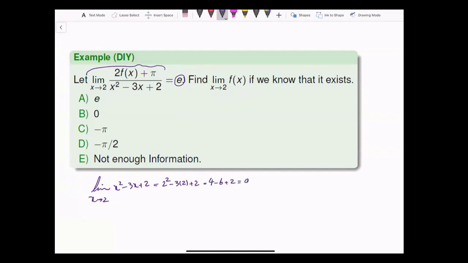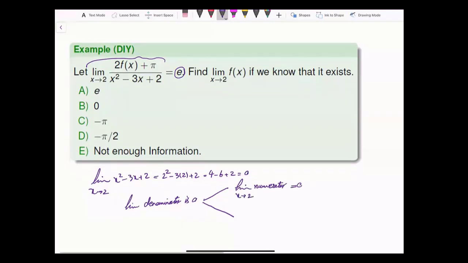So the limit of the denominator is 0. From that, we know that there are two possibilities: either the limit of the numerator is 0 as well, or the limit of the numerator is not 0.